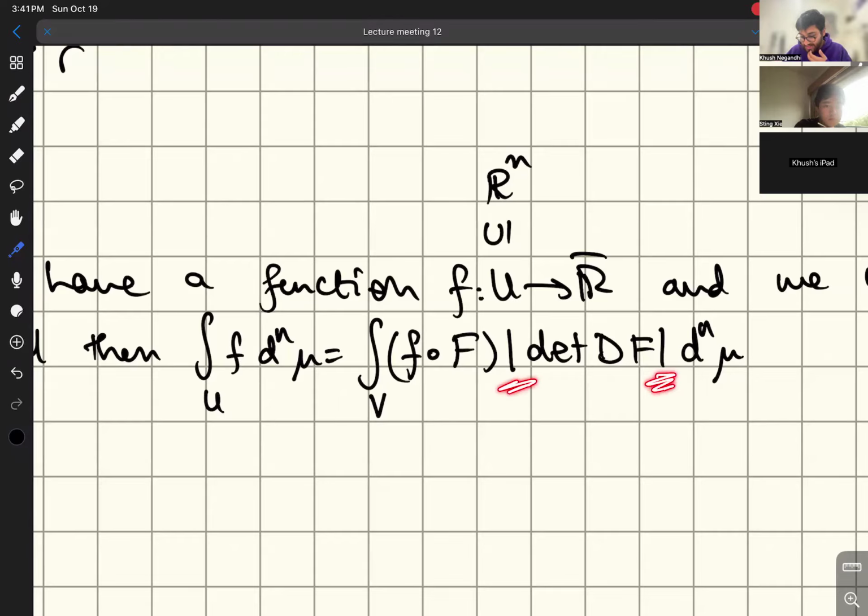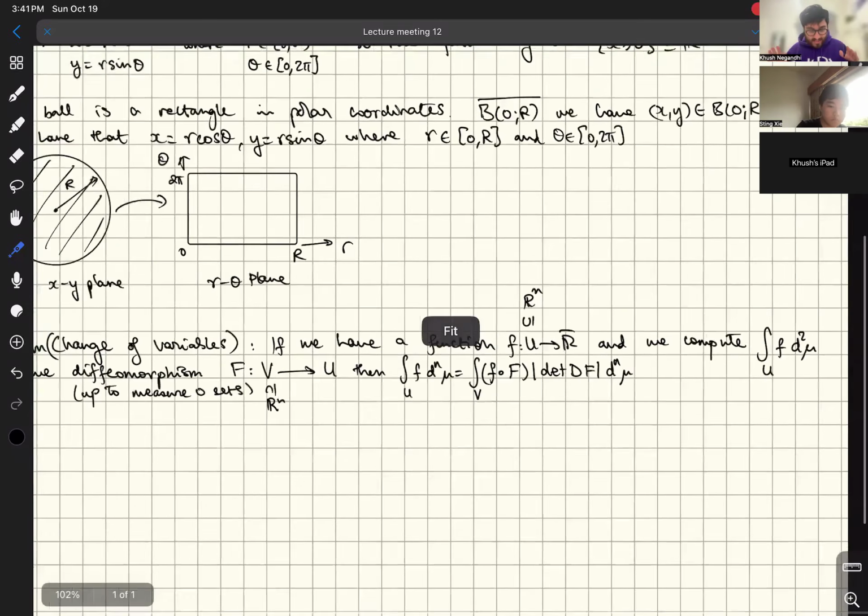If your surface is orientable, these absolute values, as we will see, will vanish. Okay, they won't be there. But we'll see that a couple months from now, probably. For now, we'll just take this as a given.